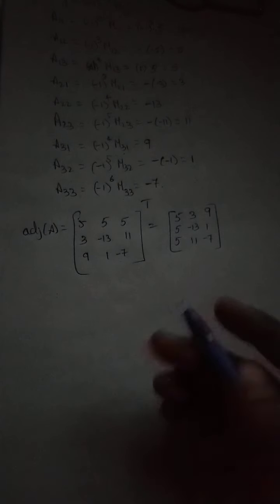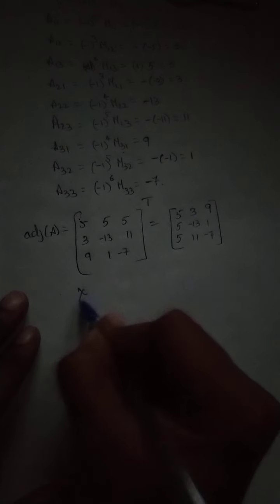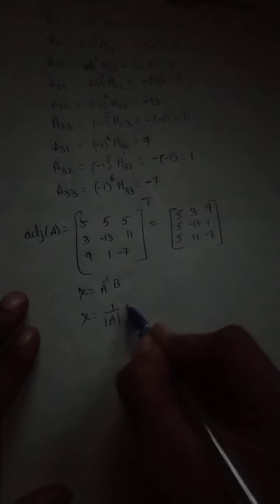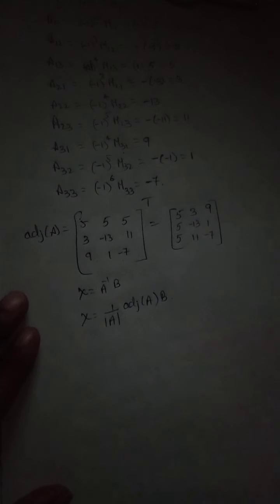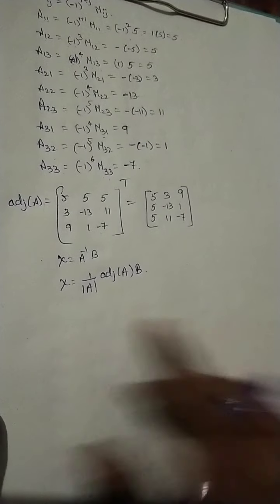Now what is the next procedure? We have to substitute the values in the formula, that is X equals A inverse B. The inverse formula is 1 by determinant of A into adjoint of A, into B. Okay, so this is our formula. Now we will substitute the values.